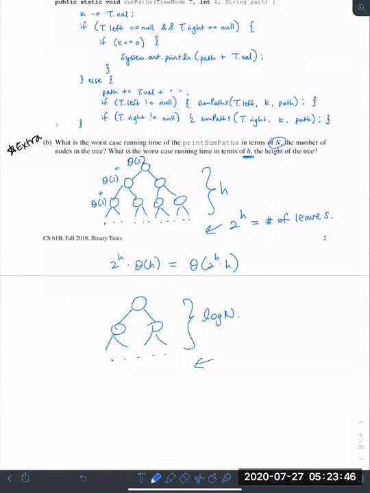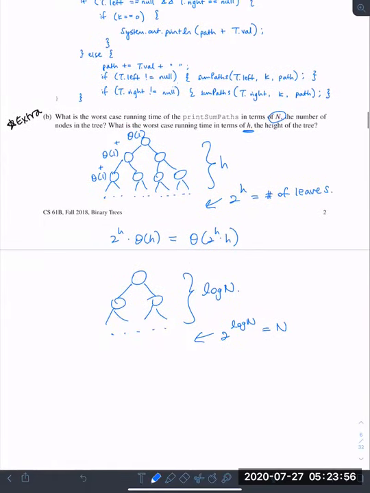At the last level, the number of leaves we're going to have is 2 to the log n, which is just going to simplify to n, assuming log is base 2. And because we can also bound the values in the tree by some constant, we can again say that it's theta of log n, which is theta of n log n.